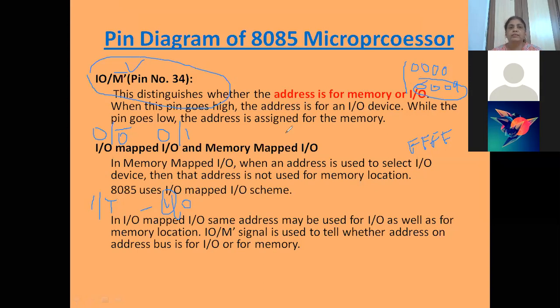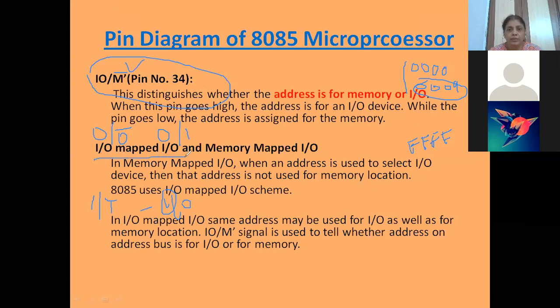So we can say that we can utilize all the memory location. In earlier scheme, if I have given the addresses to input output devices, so those addresses I cannot use for memory. But with the help of this pin, I can use all the addresses for input output as well as for memory.